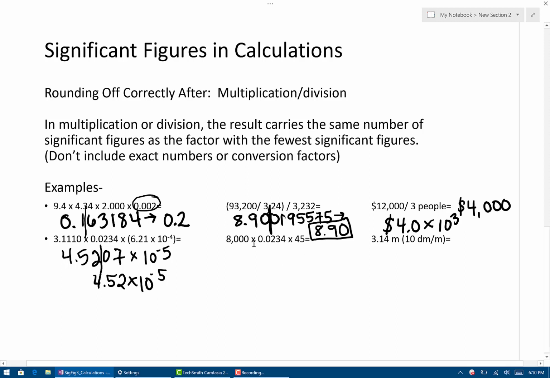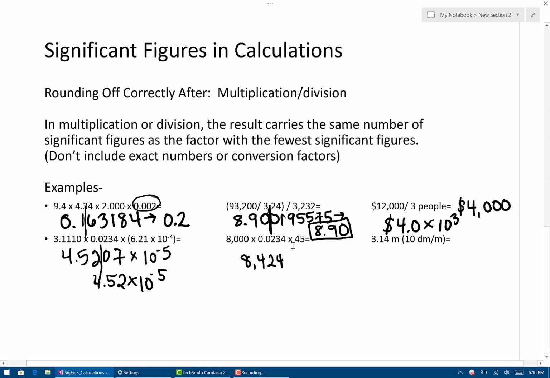Looking at this next question, 8,000 times 0.0234 times 45, you get 8,424. Now this is a funny one because you're limited by the 1 significant figure in your 8,000, right?